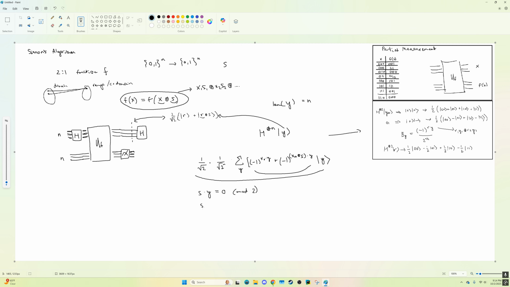And if we do s dot y equals 1 mod 2, then there's destructive interference. Specifically, this whole term right here collapses on itself and it becomes a 0. So it ensures that there is a complete filtering out of all basis vectors for which s dot y equals 1.